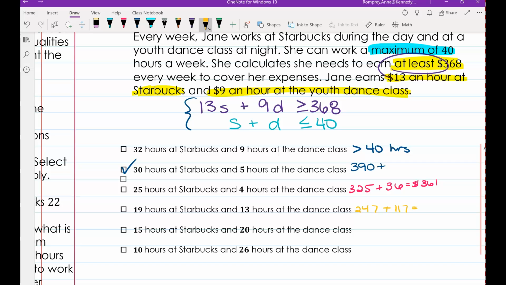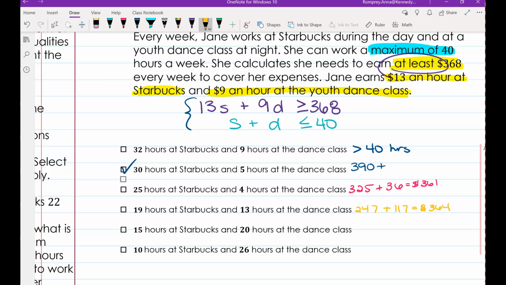So is this one going to work? Add those up. $364. Again, not enough.